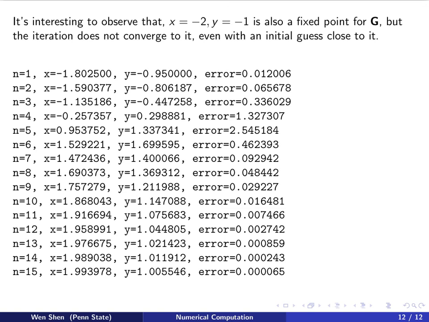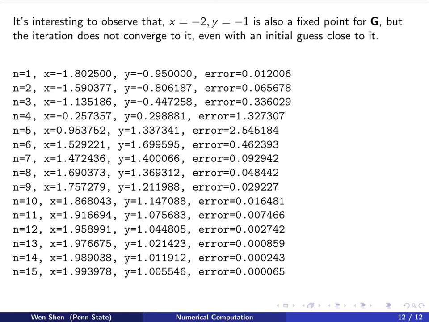Now it is interesting to observe that x equals minus 2, y equals minus 1 is also a fixed point for G. It's very easy to verify that. But unfortunately, if you try to locate that one, the iteration does not converge, even if you start with an initial guess very close to it.